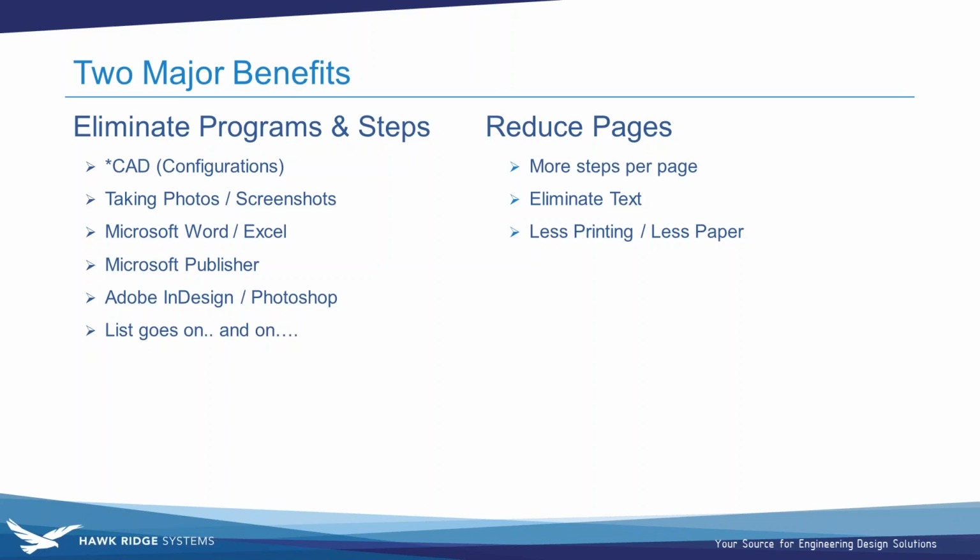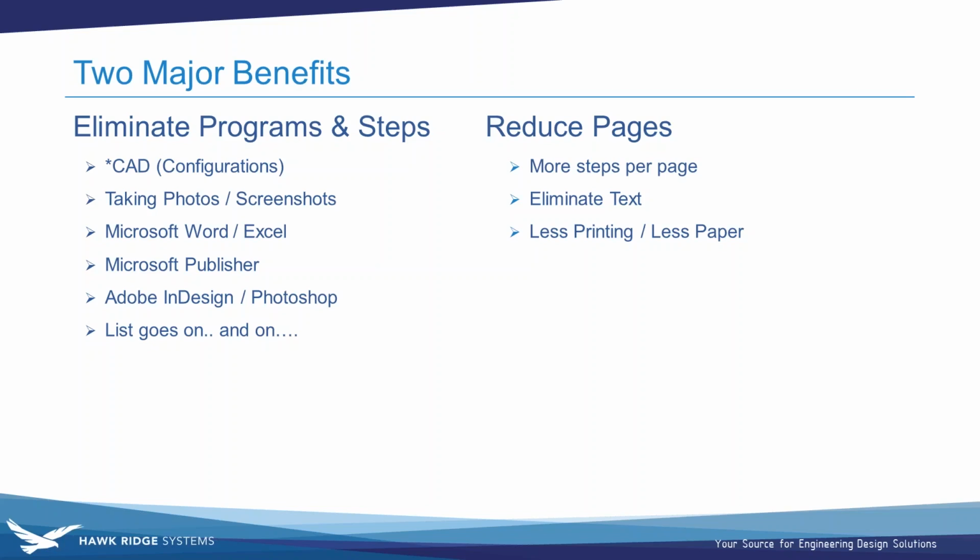So the two major benefits of going SOLIDWORKS, then SOLIDWORKS Composer, and then publication are the elimination of programs and steps. Regardless of whether it's SOLIDWORKS or any other CAD application, you still need CAD to design. That's why the asterisk is there. Composer doesn't do any of your 3D models.